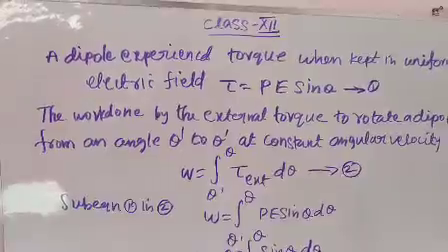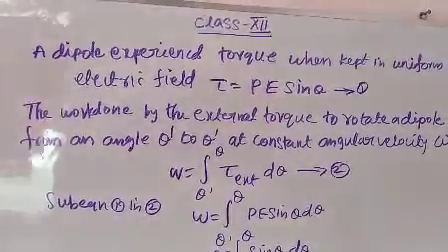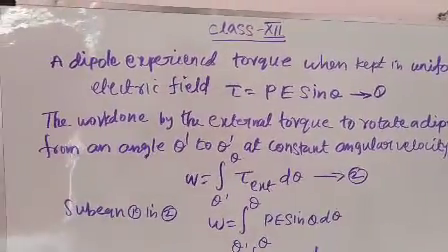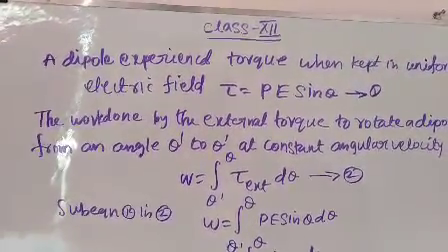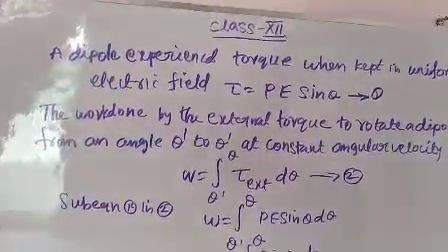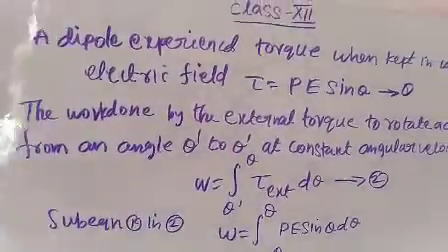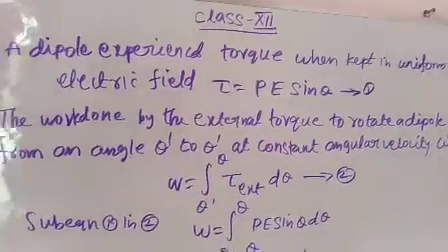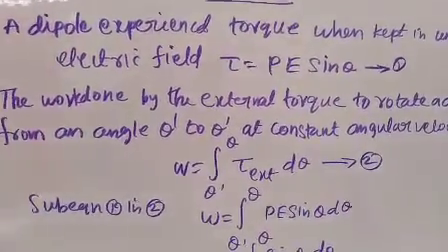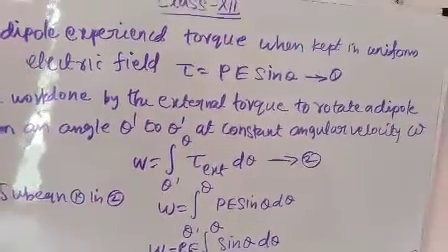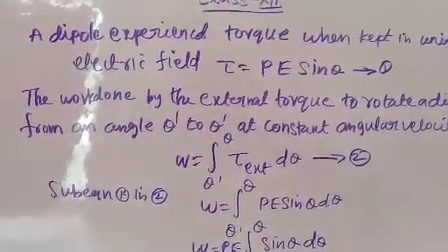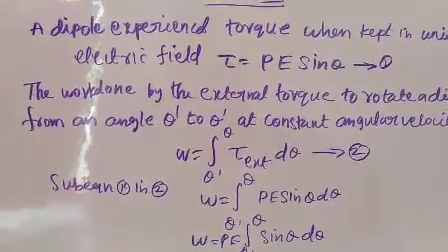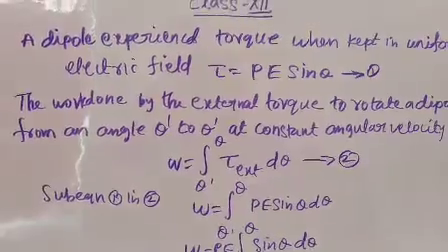A dipole experiences torque when kept in a uniform electric field. The torque tau is equal to P E sin theta. This is equation 1. The work done by the external torque to rotate the dipole from angle theta prime to theta at constant angular velocity omega is W equal to the integral from theta prime to theta of tau external d theta.